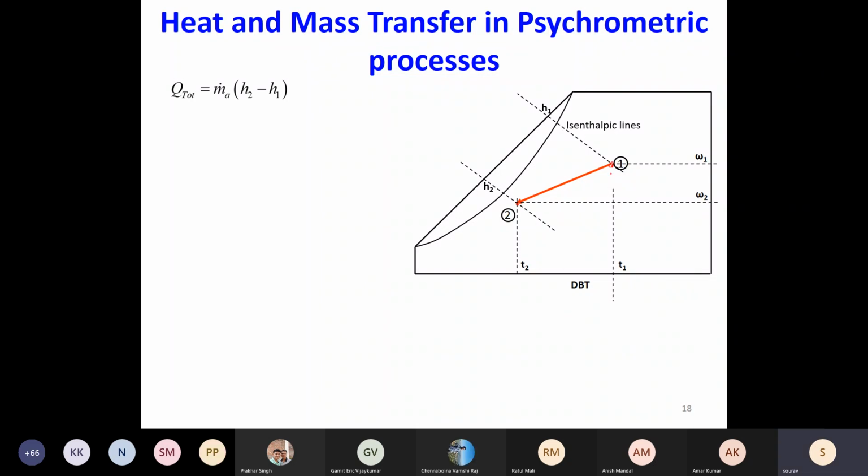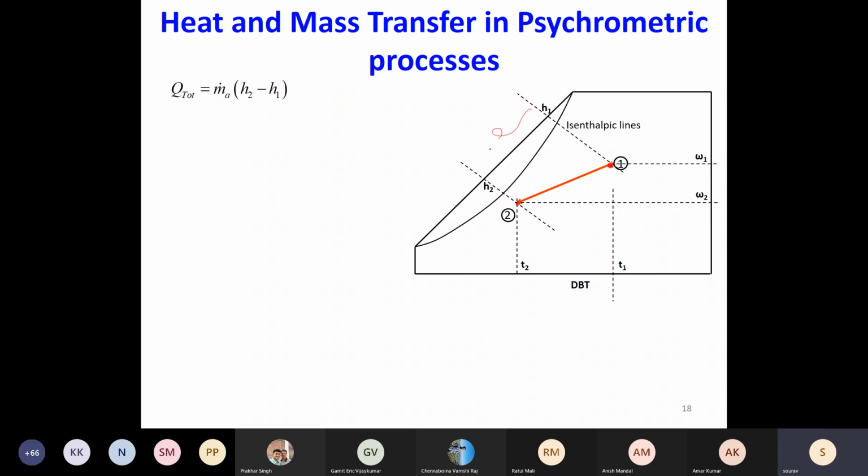But suppose I know only the initial state point and I do not know the final state point, but I know the final enthalpy.